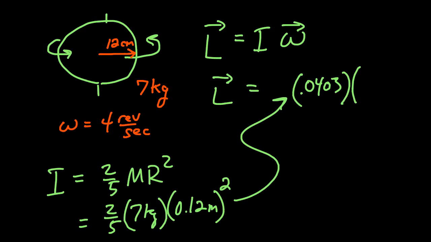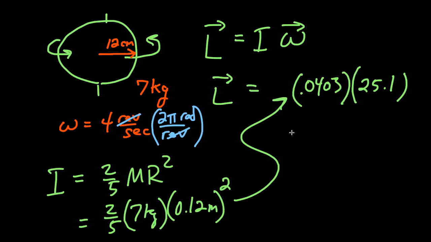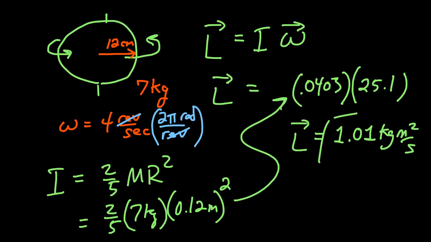So we'll multiply 4 revolutions per second times 2 pi radians per revolution, and we end up with 25.1 radians per second, giving us a total angular momentum of 1.01. The units will be kilogram meters squared per second.